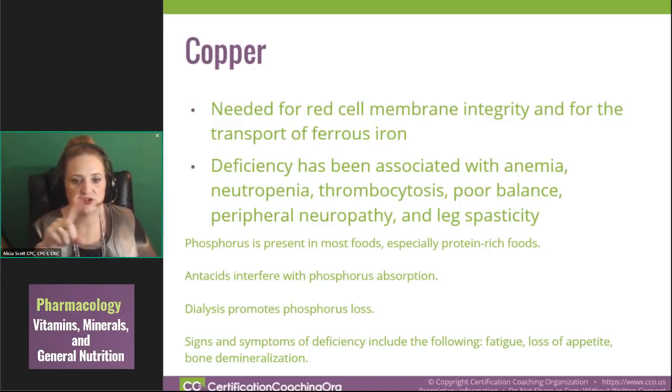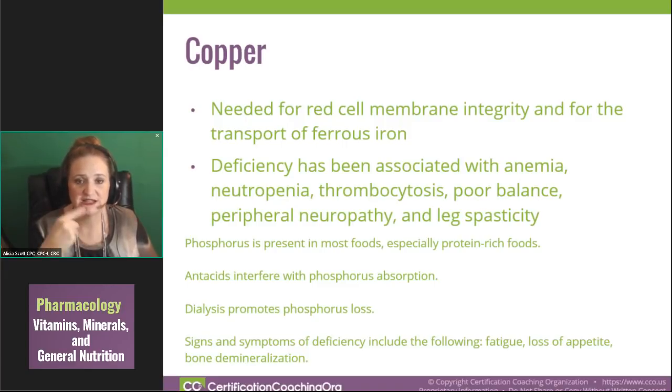Phosphorus, just to reiterate, and I probably should put that on the other slide. Rich protein foods are where you're going to get your phosphorus, and acids can prevent your body from getting it. It'll stop the absorption of the phosphorus. So if that is a problem for you, you need to lay off the antacids.